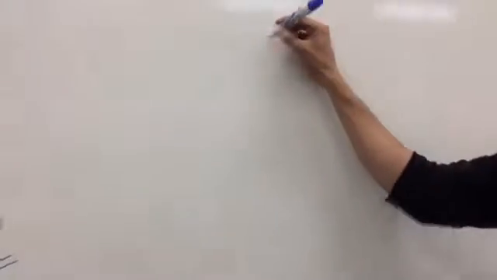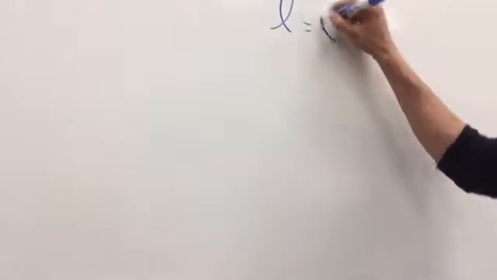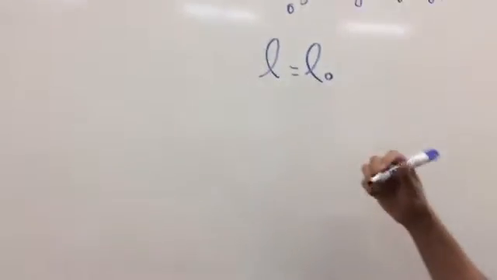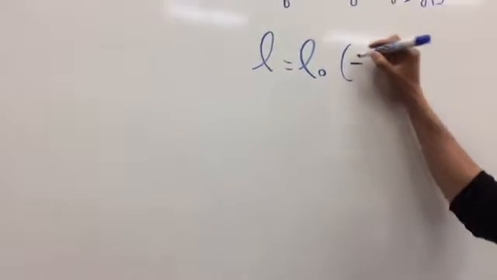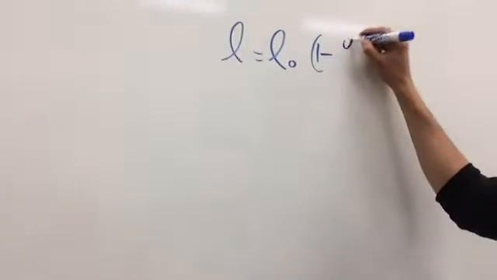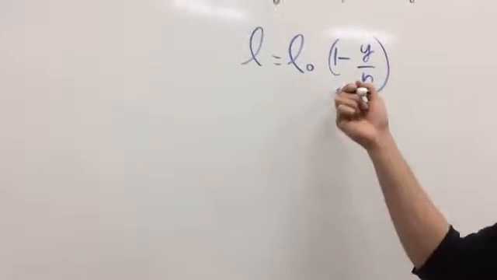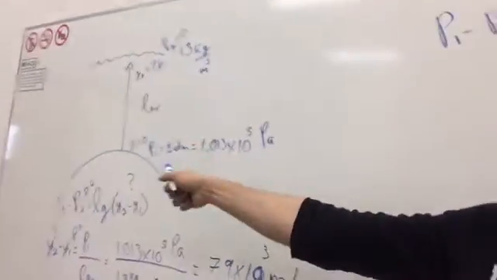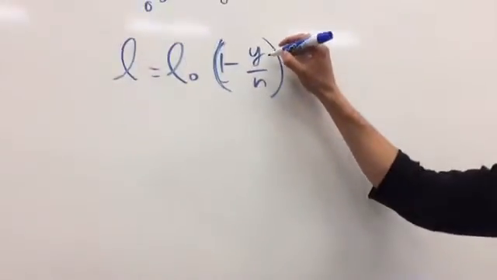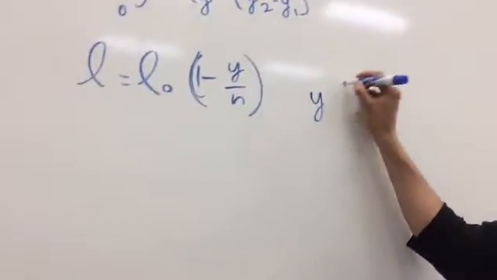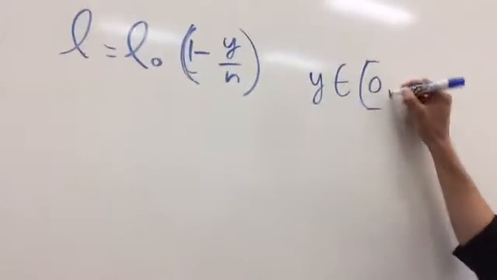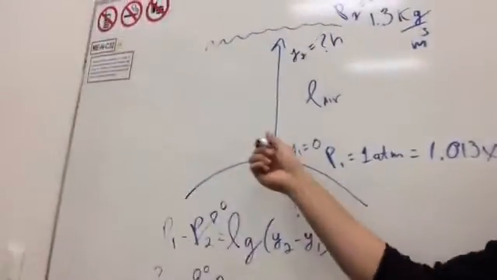So I'm going to write that the density equals the initial density times 1 minus y over h, where h is the height of all the air here. Here y corresponds to an area that goes from 0 to h.